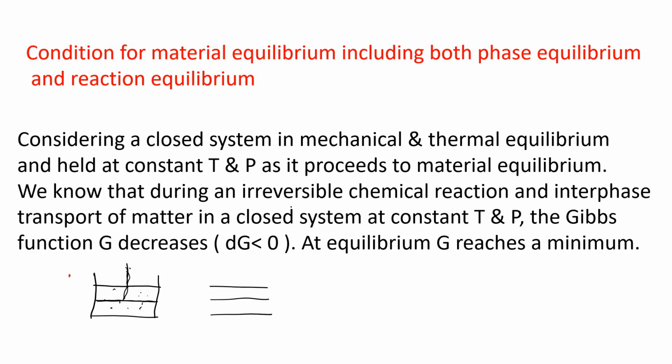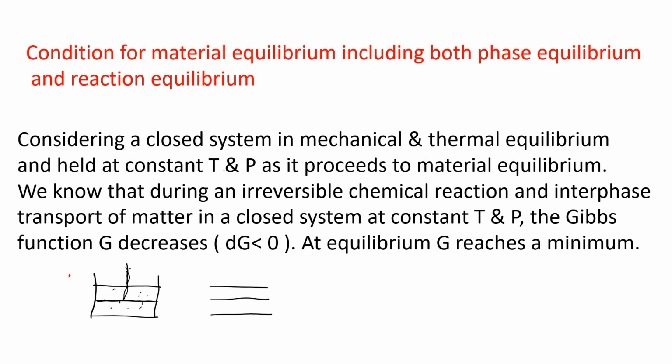These are spontaneous processes, and we know that for an irreversible reaction or spontaneous transfer of matter, the Gibbs free energy G will decrease. At equilibrium G will reach its minimum value.